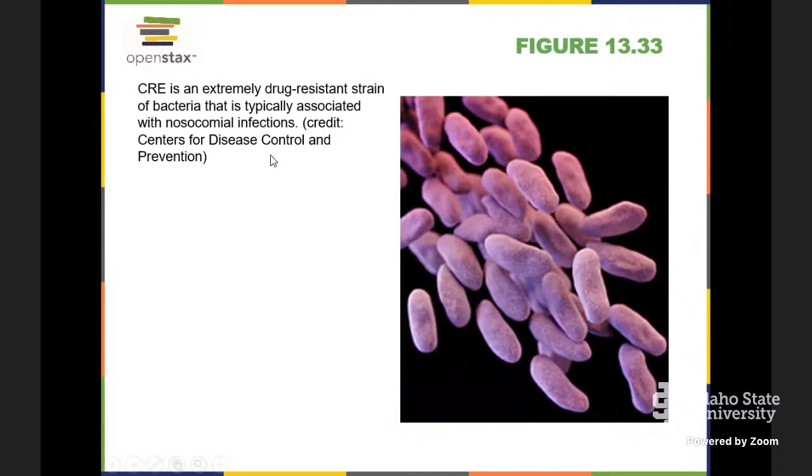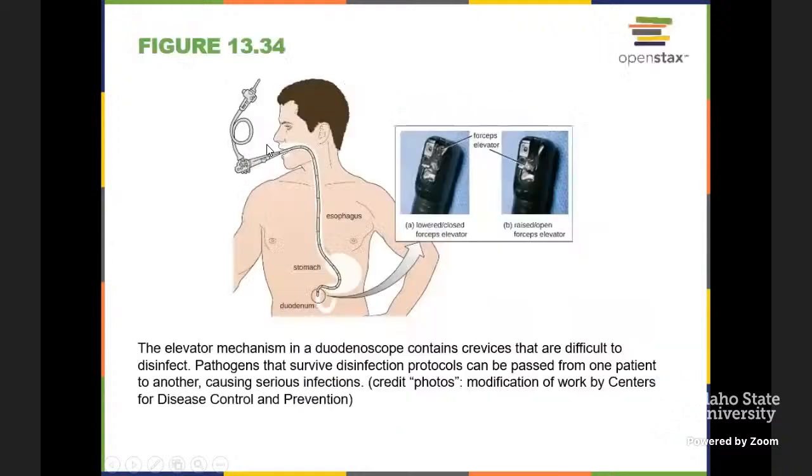All right. So these are common culprits in nosocomial infections or hospital-acquired infections. And some of these circumstances can be with different types of procedures where the devices may not be sterile, all right? Which, as I look at this, if I was this guy getting this duodenoscope, I'd be like, could I have a brand new one, right? I just bought this one. Could you just use this, right? Because it can't get run through an autoclave.